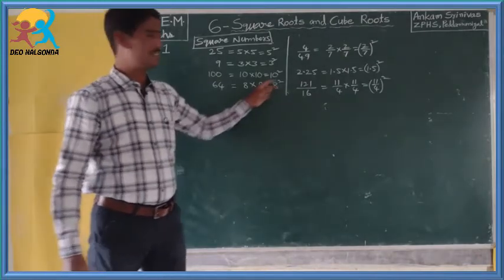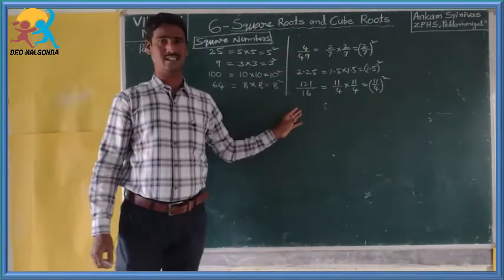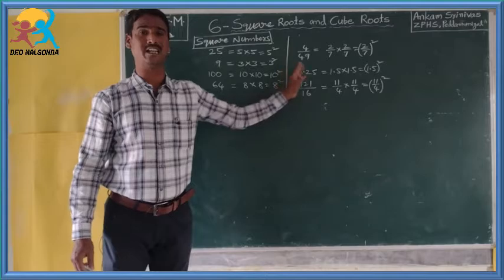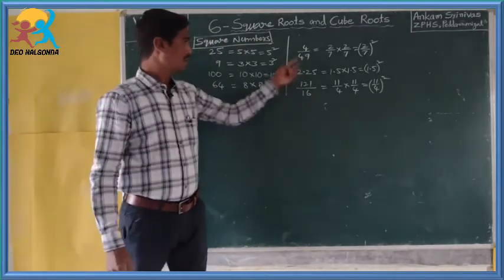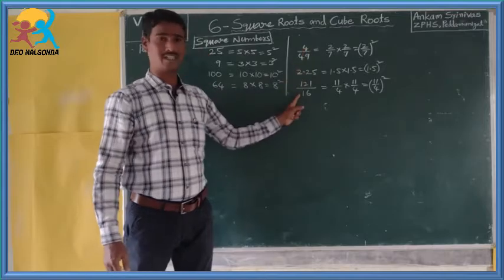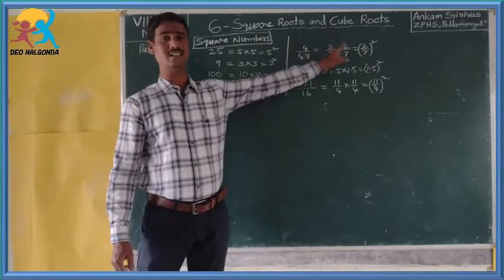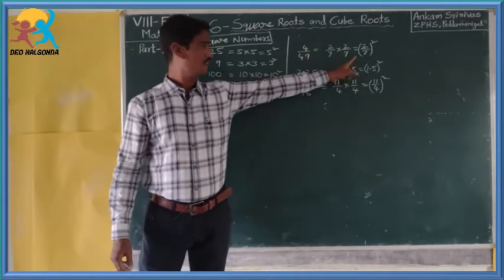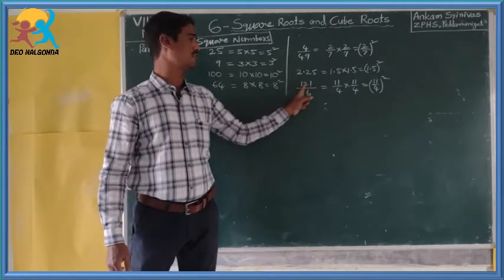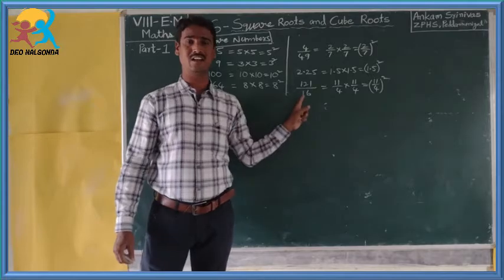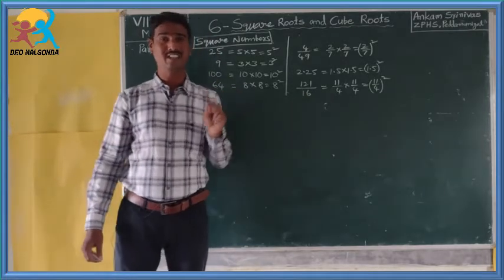If you observe these three numbers, they are written as the product of two same numbers. What do you observe in 4 by 49, 2.25, 121 by 16? These are all not integers.